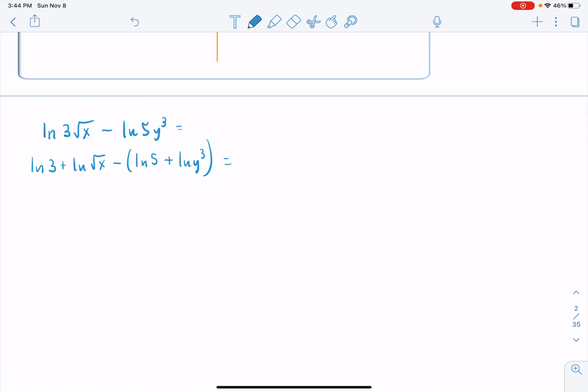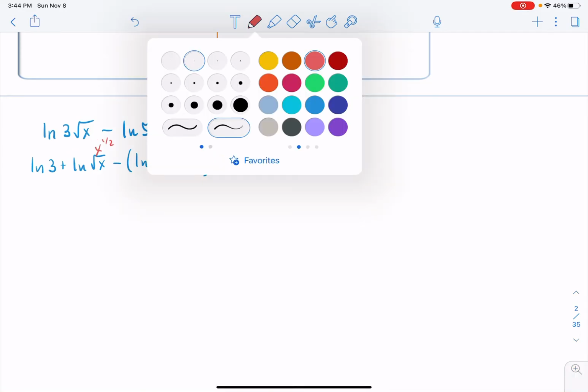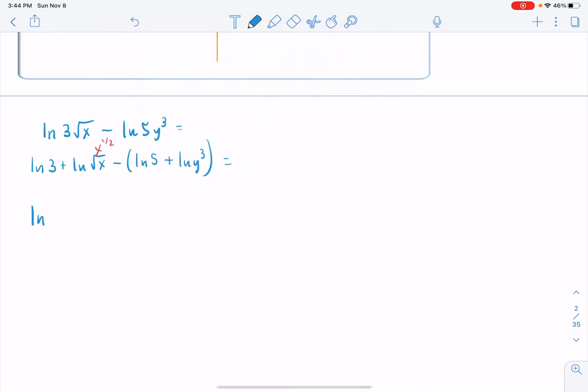I'll do the same thing with the square root of x, thinking of it as x to the 1/2 power. And that 1/2 will come out on the outside of this. So we have the natural log of 3 plus 1/2 the natural log of x minus the natural log of 5. And then I'll bring this 3 out to the front as well and distribute the negative sign through this, negative 3 natural log of y.